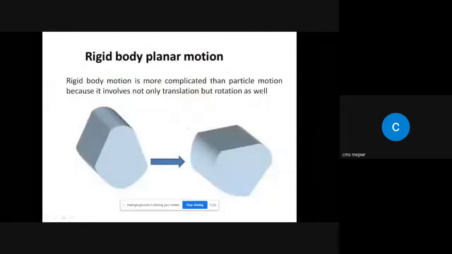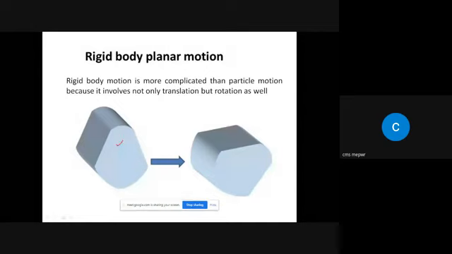Okay, before going into planar motion or the various types of rigid body motion, let's discuss rigid body motion. Rigid body motion is more complicated than particle motion. Why? Because it involves not only translation but also rotation. For example, this is a rigid body.